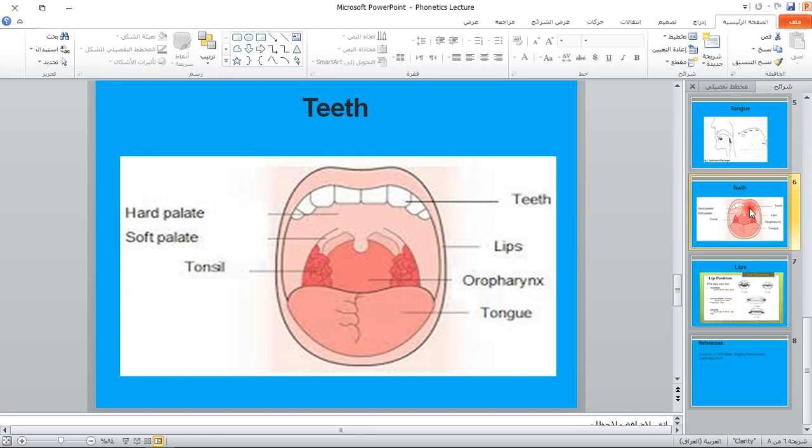To make this sound, as in the word three, the tongue must stay between the teeth. To make this sound, as in that, the tip of the tongue touches the upper teeth. To make f, as in fast, or v, as in vast, the upper teeth must make contact with the lower lip.